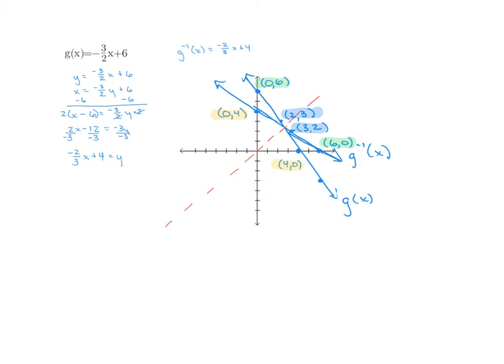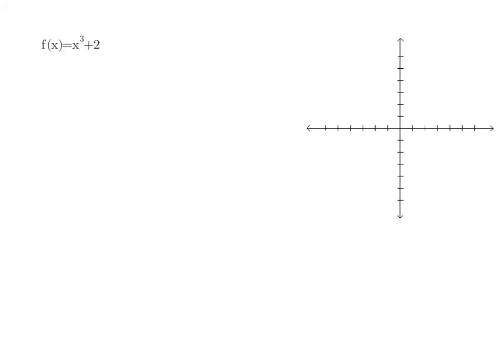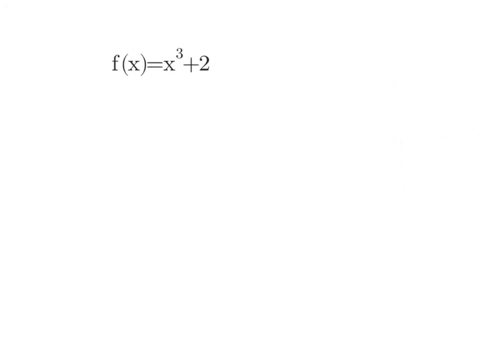Okay, so that takes care of our linear examples, so let's look at some other ones that we can do. Let's start with f of x equals x cubed plus 2. The first thing that we want to do is find our inverse function. I'm going to replace f of x with y.